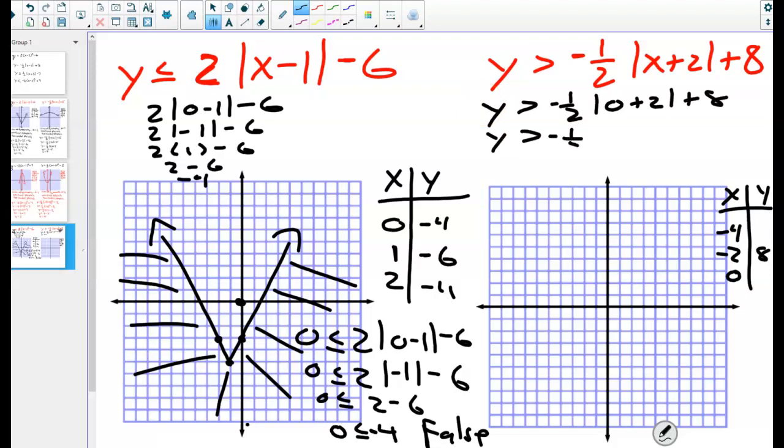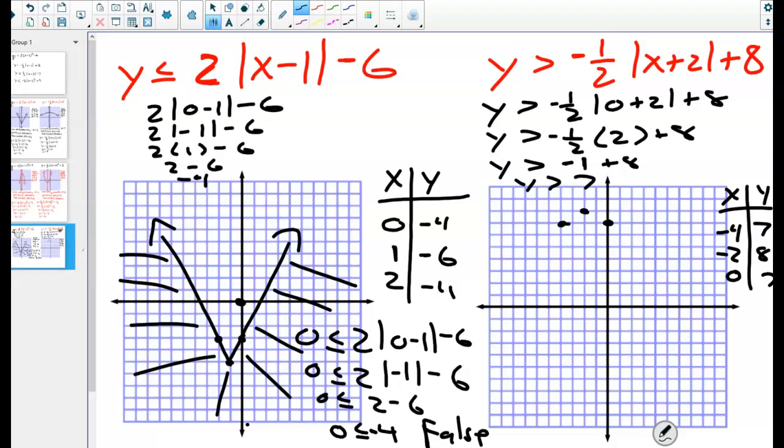The absolute value of 2 is just 2. -1 half times 2 is -1, plus 8. So it's 7. (0, 7), 1, 2, 3, 4, 5, 6, 7. (-2, 8). (-4, 7).